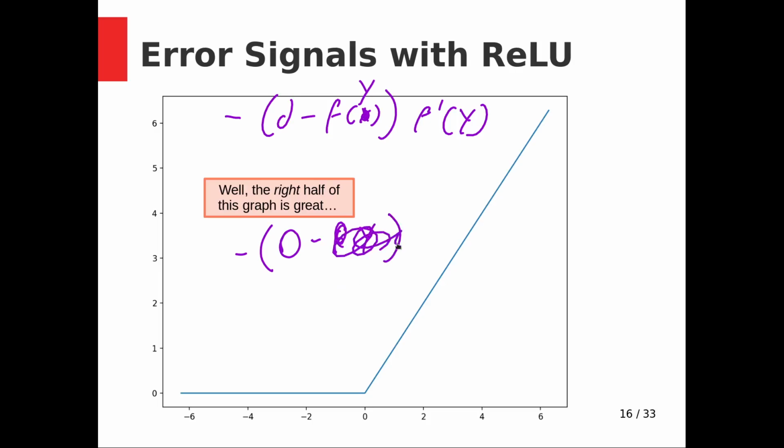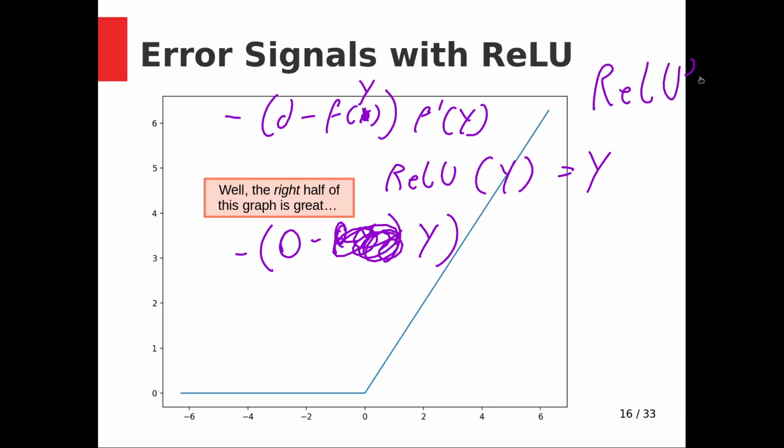F of y is just y for all positive numbers, because that's ReLU. ReLU of any positive number is that number. So f of y, for any positive number, is just y. And the derivative of ReLU of any positive number is 1. So there we go.